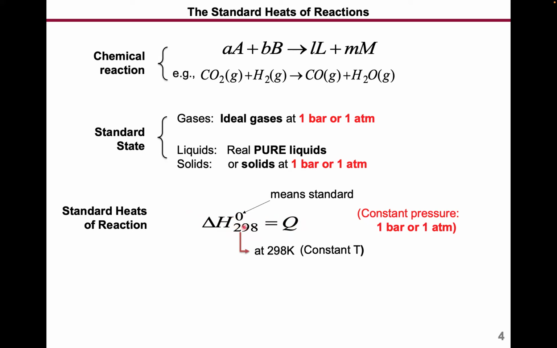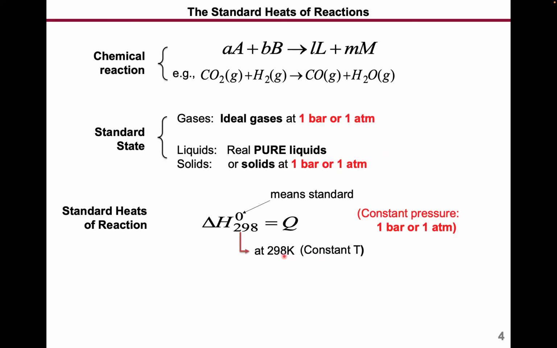So this subscript is used to refer to the temperature your reaction is operating at, okay? Here we are talking about room temperature, 298 K, and for standard state, we only specify the standard pressure, right? For temperature, you can vary.